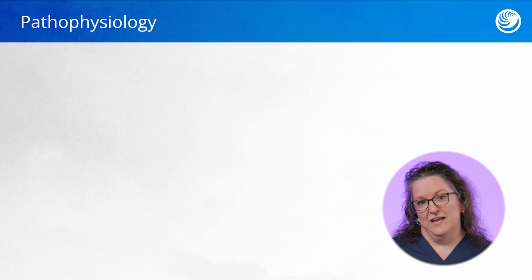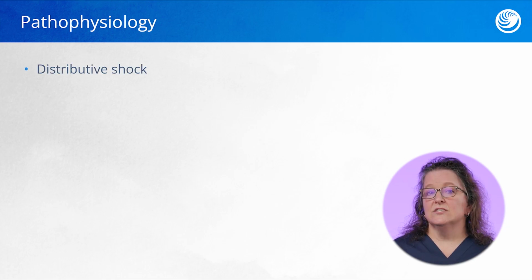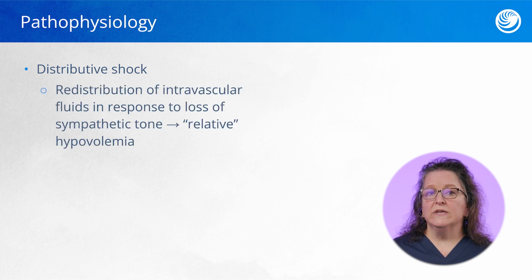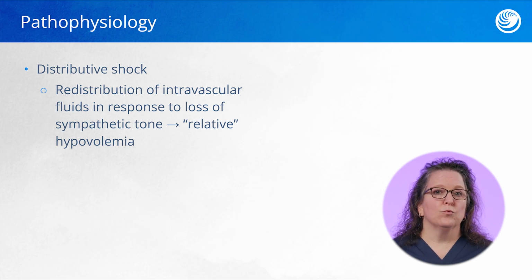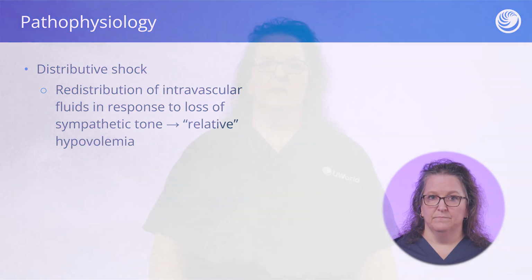So neurogenic shock. This is a distributive vasodilatory shock. This is a redistribution of the intravascular fluid due to loss of sympathetic tone, which results in relative hypovolemia. So what does that really mean?